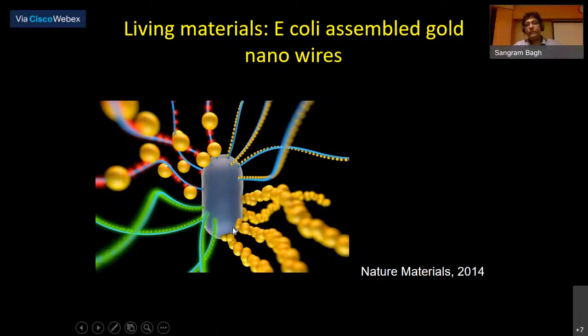Here, people developed a simple engineered E. coli. This E. coli produces a peptide that comes through its wall and protrudes like a chain. Now you can control that peptide's composition, because there are different kinds of units there.